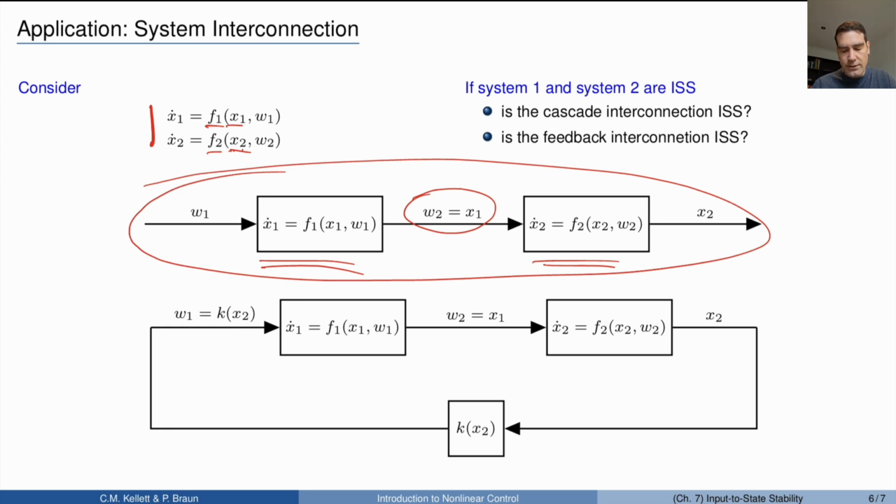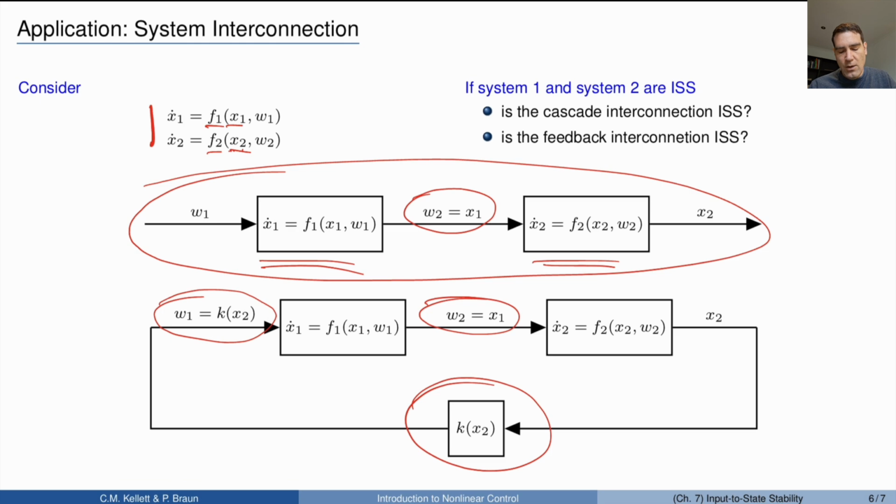Another interconnection it might be interesting to look at is the feedback interconnection. So I have the same interconnection between the two systems here, but additionally I'm using a controller K, depending on the state of the second system, and I could consider this as the input of the first system.